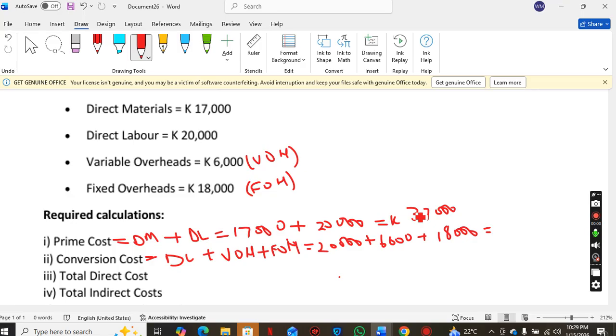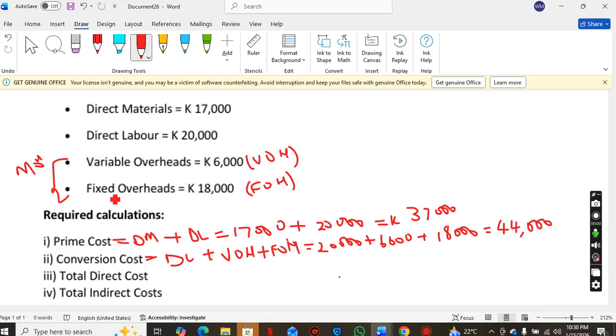So we're going to say 20,000 plus 6,000, that's 26,000. 26,000 plus 18,000, that should give us 44,000. Yes, so our conversion cost is 44,000 kwacha. So remember, conversion costs are manufacturing overheads, MOH, plus the direct labor.